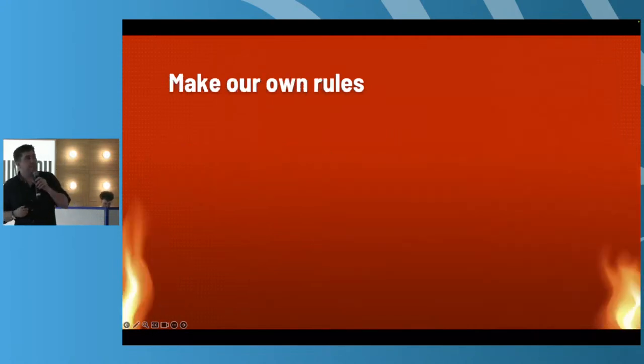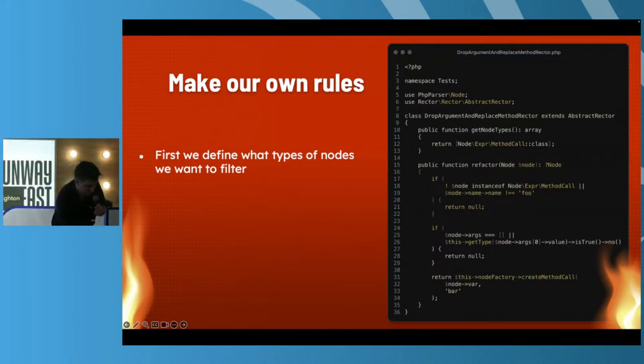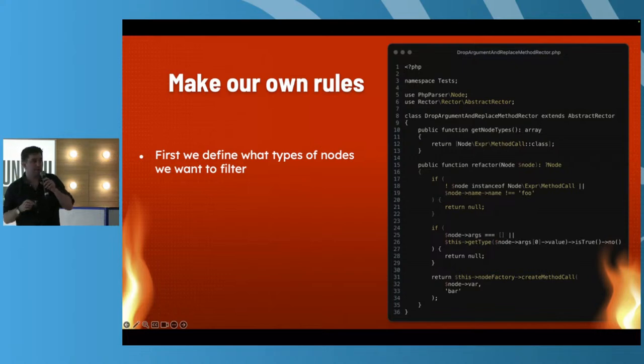So when it comes to writing our own rules, the first thing we have to do is define a node filter. How Rector works is you have the PHP parser library under the hood, and you can specify there what types of nodes you want to pick up.